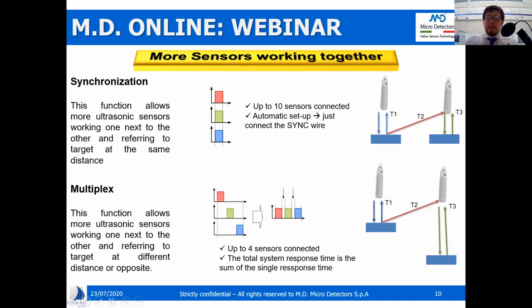In particular, the synchronization function makes it possible to connect up to 10 sensors together and work one beside the other when referring to the same surface, or to surfaces at the same distance, because in this way the sensors emit the acoustic waves at the same time, and you are sure that each sensor is receiving just the waves that it emitted previously.